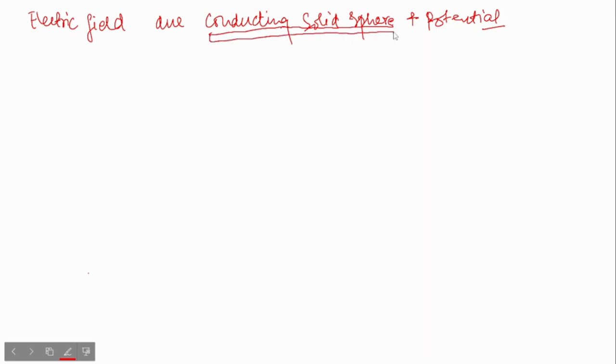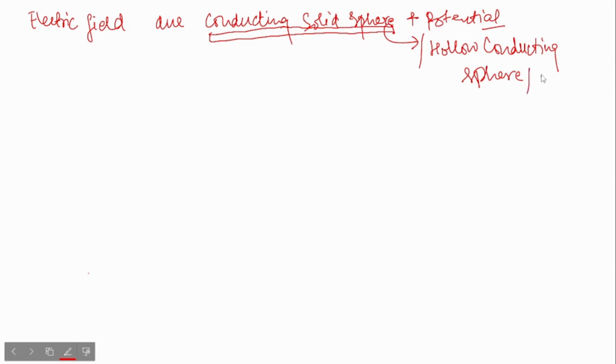For electric field, this term, solid conducting sphere, then again another term for this, or you can say electric field due to solid conducting sphere, then due to hollow conducting sphere, and another, hollow non-conducting.